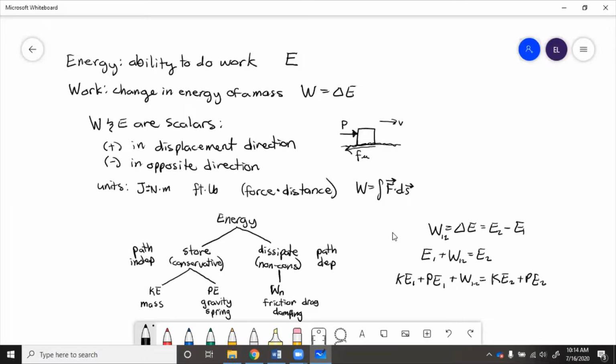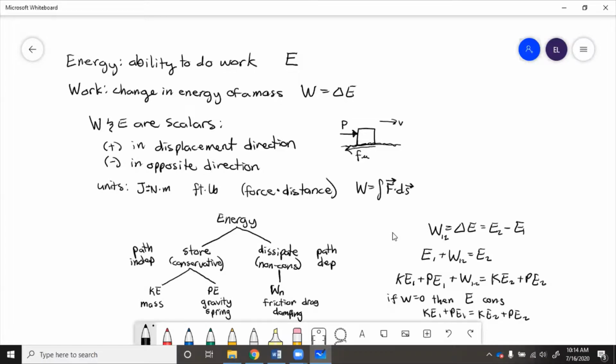So just like in this example up here above, the work done by force P was positive and the work done by friction was negative. In the absence of work, then energy is conserved. So in that case, kinetic energy at 1 plus potential energy at 1 equals kinetic energy at 2 plus potential energy at 2.